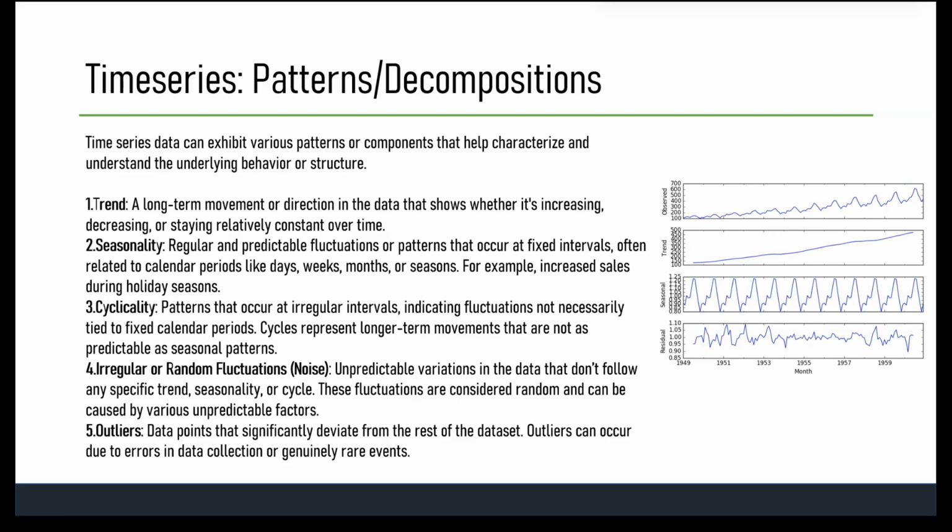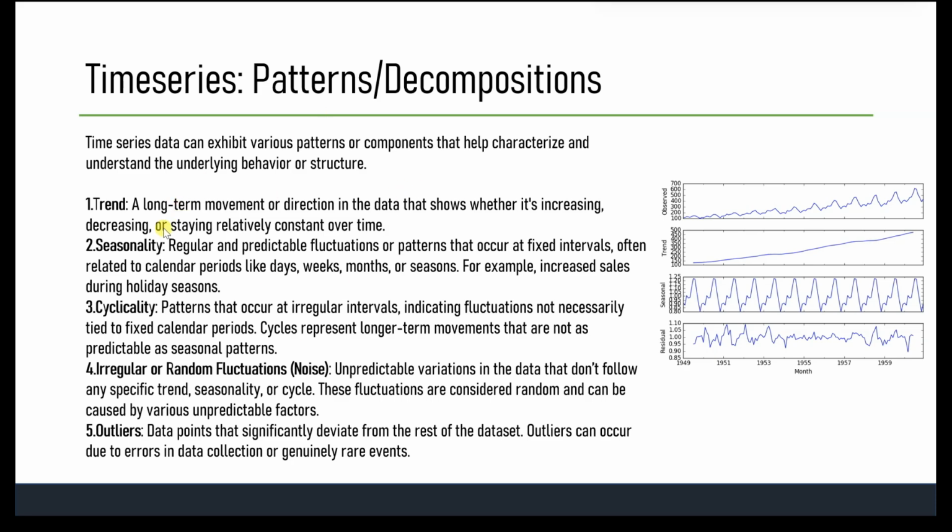They can be linear, following a straight line, or non-linear, displaying a curve or irregular shape over time. Understanding trend is crucial for long-term forecasting and decision making, helping to identify growth opportunities, market shifts or underlying changes in the system. So this is what trend is.